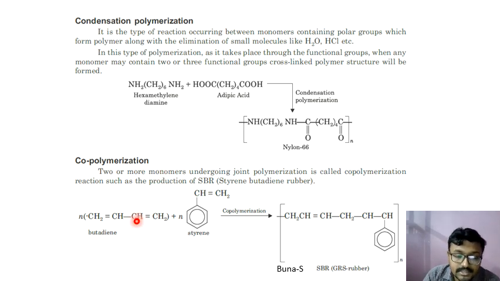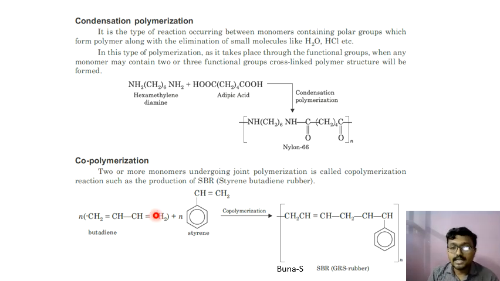In the polymer, the total number of atoms and the number of atoms present in the starting monomer units will be the same, right? There will be no elimination of small molecules like water, HCl, methanol. So this is called copolymerization reaction.